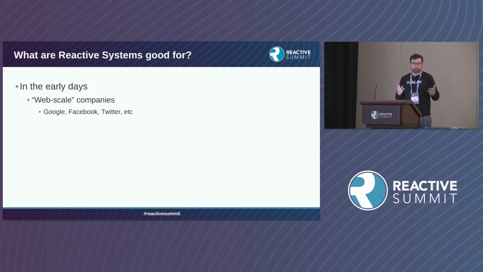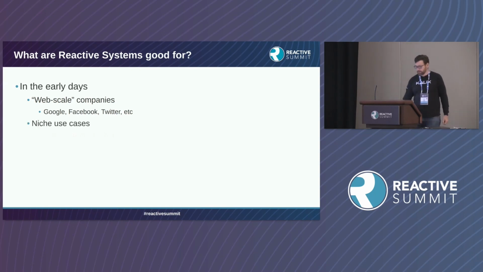Google did use many of these patterns to build their systems, but other companies did start having the same sorts of load that Google faced, Facebook and Twitter, and so they had to build event-driven systems and so on, and would use, maybe without actually using the term reactive, these reactive principles to build their systems.